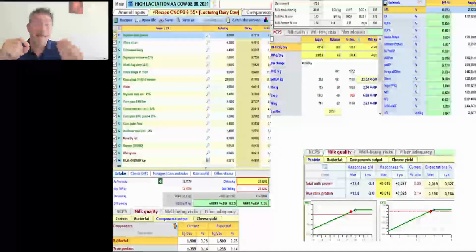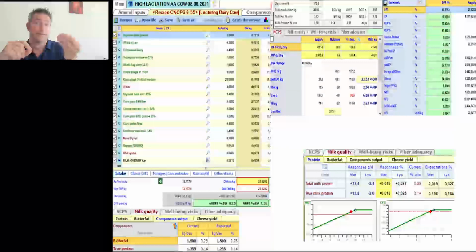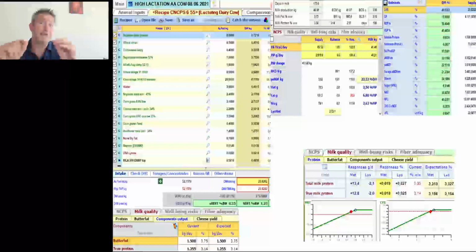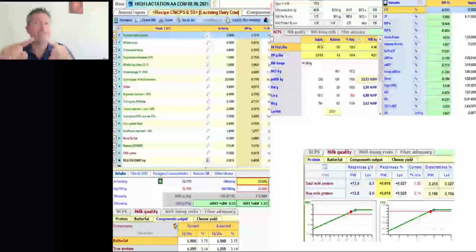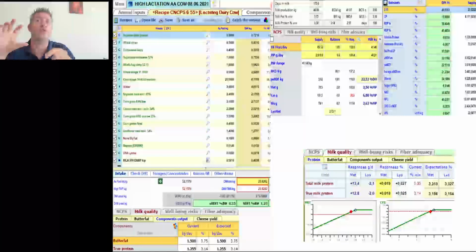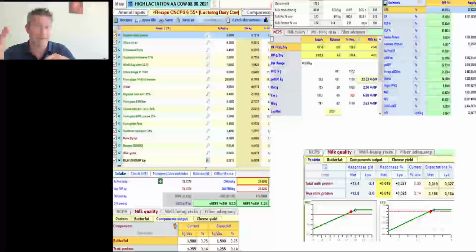So the lysine must be at least 7%, which is the ideal, 7% of lysine on total metabolizable energy in terms of megacalories, but at least 6.5.